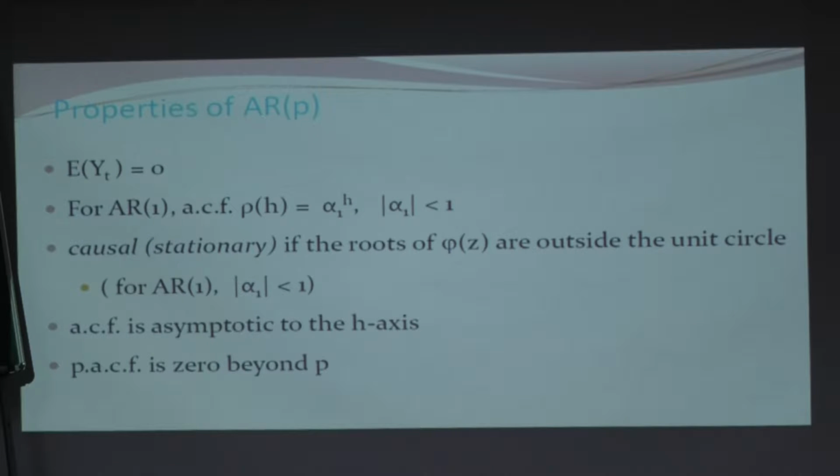And if you see that it becomes 0 at 4, you know that it's an AR3. So the PACF actually helps you to identify an AR process. The ACF does not. Why not? Because the ACF may continue to be non-zero since it's asymptotic to this axis, even for large p.